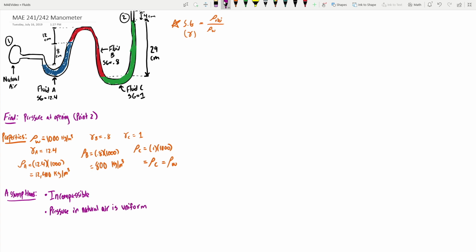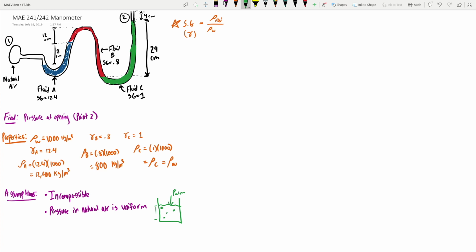What I mean by that is, if we have a glass here of some fluid, at any location, even at any height along this fluid, the pressure is going to be the same. So if this was air, we know that the pressure is just going to be atmospheric pressure.